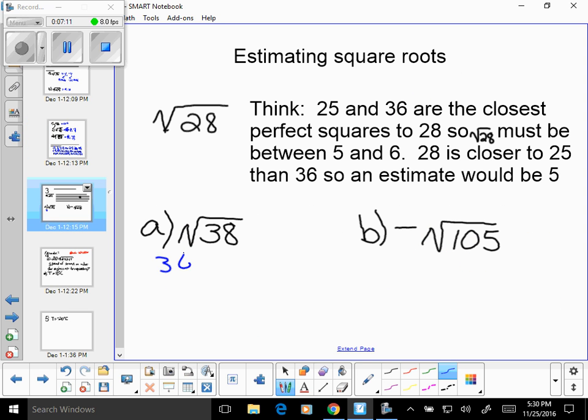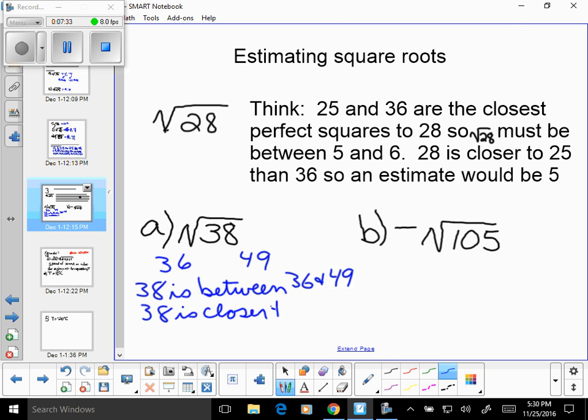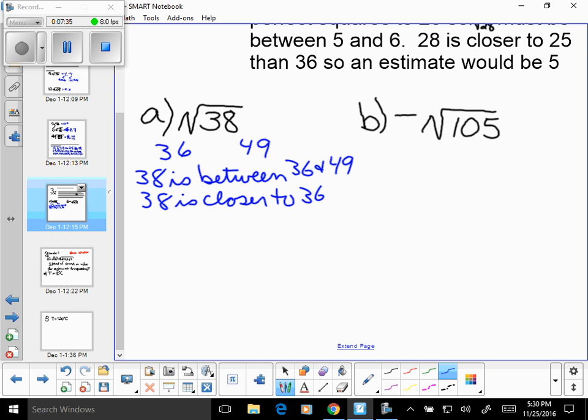Now 38 is going to be closer to 36. So a good estimate for the square root of 38 is going to be 6.